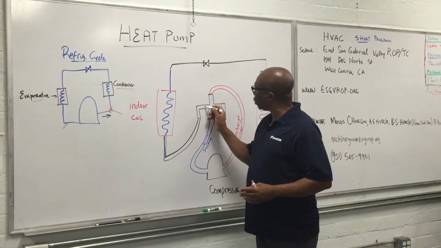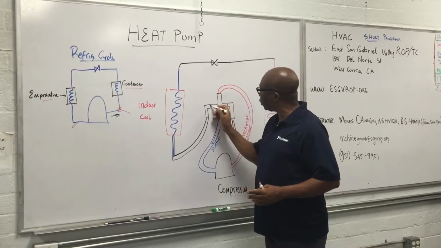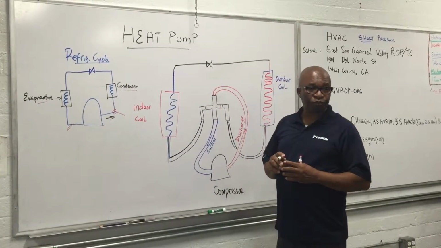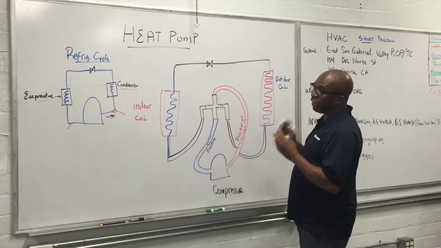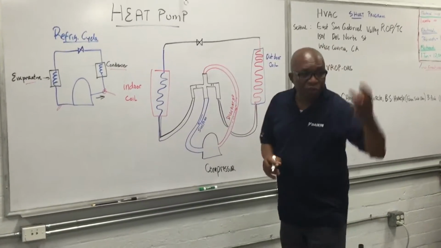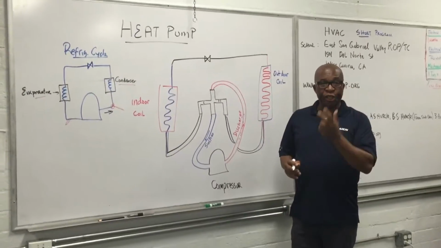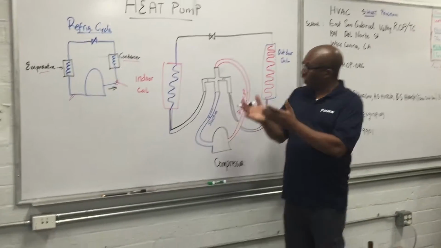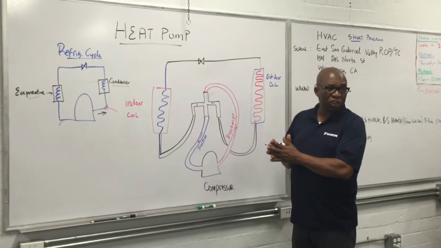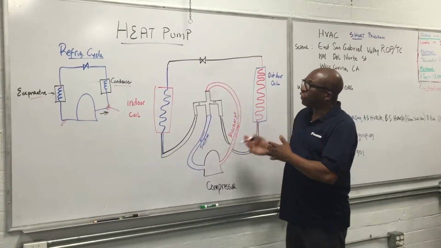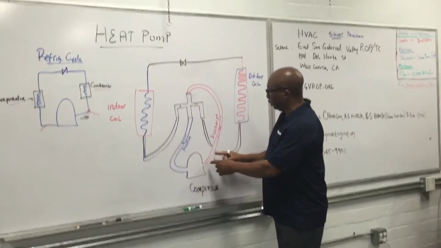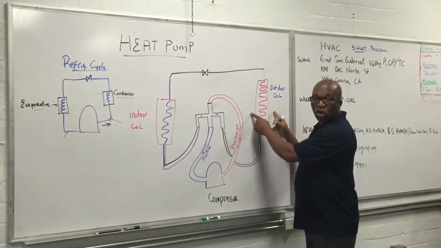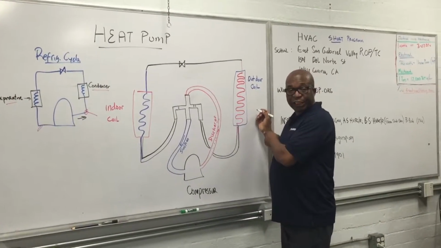The change in direction takes place here in the reversing valve, okay? If I want this equipment to be in the cooling, remember, a heat pump does cooling, heating, and defrost. So if I want this equipment to give us cooling, it's going to be the same as a basic refrigeration, because the discharge is going to go through the outdoor coil to reject heat.